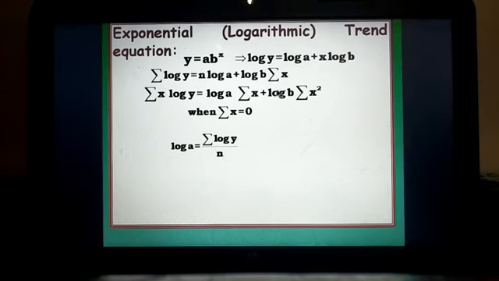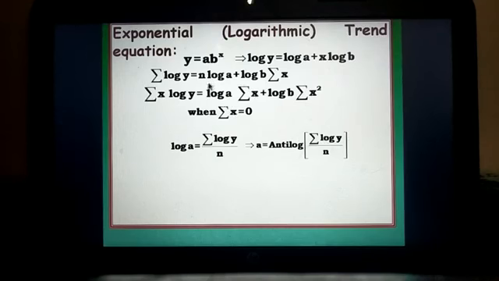And what happens to this equation? Summation of x is equal to 0, this term goes to 0. With the available log b, what happens we should see. And before that, we can even observe, once when log a is equal to this much, what will be a? A will be antilog of this. A is equal to antilog of this particular aspect.